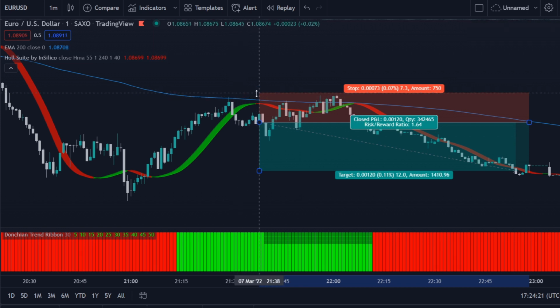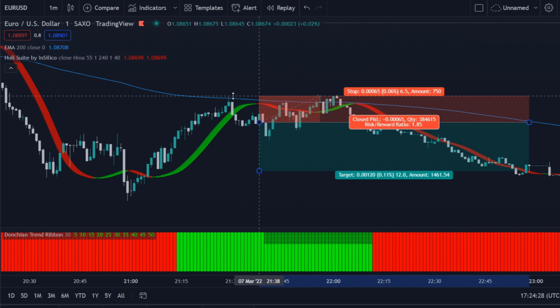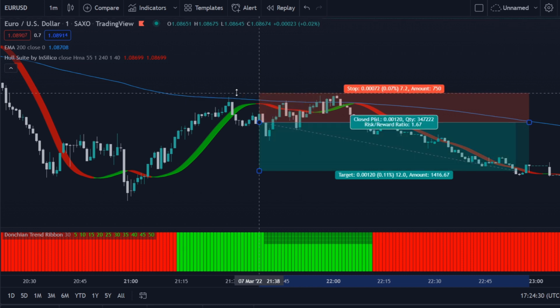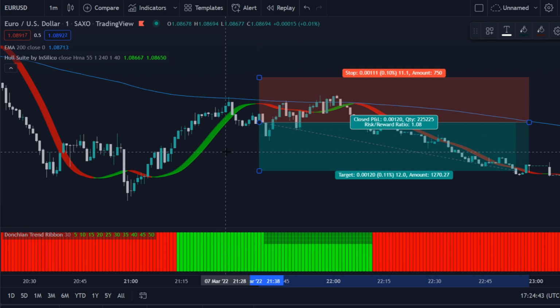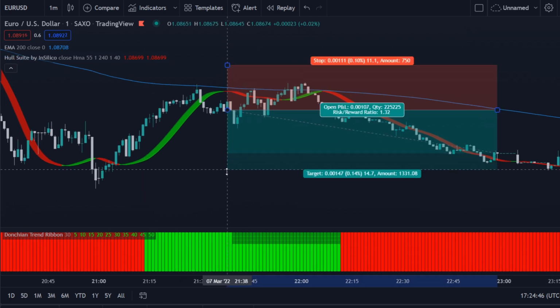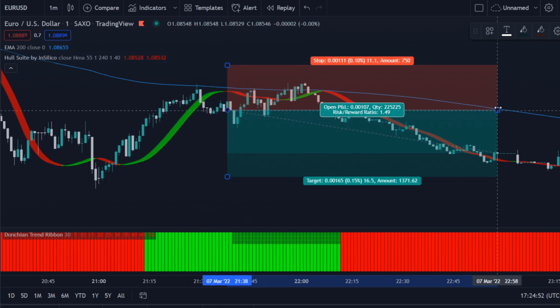For example, over here, let's say that your broker has 1 pip spread, then you would lose this trade at 7.5 pip stop loss. But if you're using, let's say, 3 pip, then your stop loss needs to be above here in order to take a winning trade. And as you can see, we also have to adjust the risk reward ratio. So this is a nice winner.